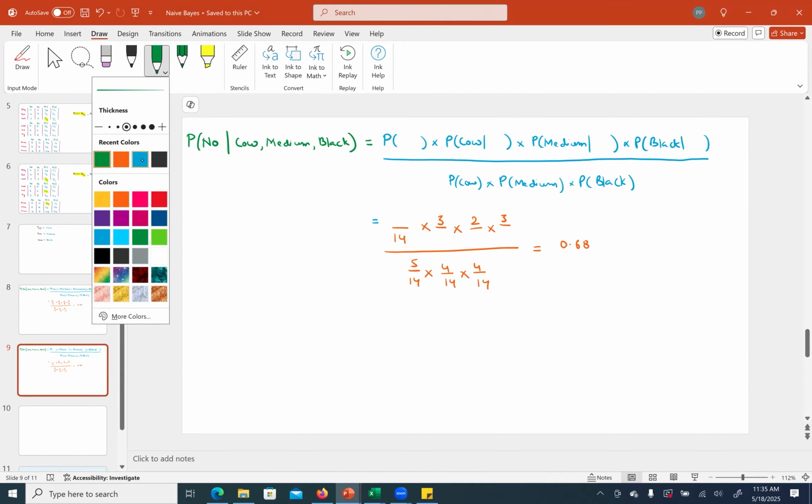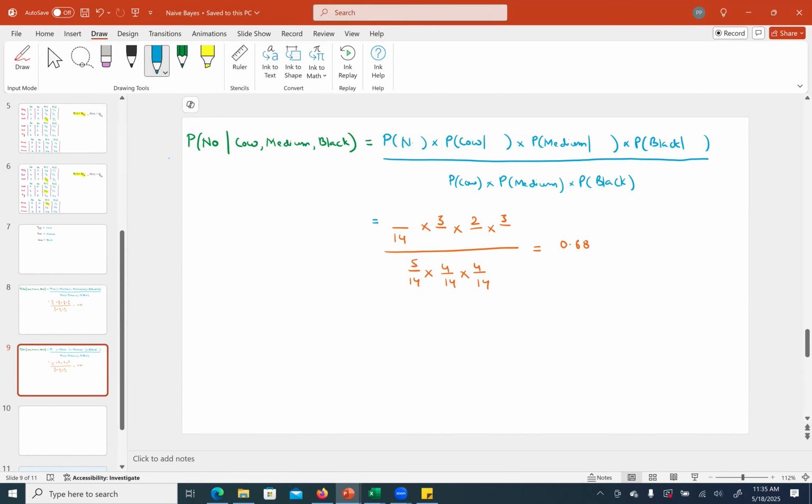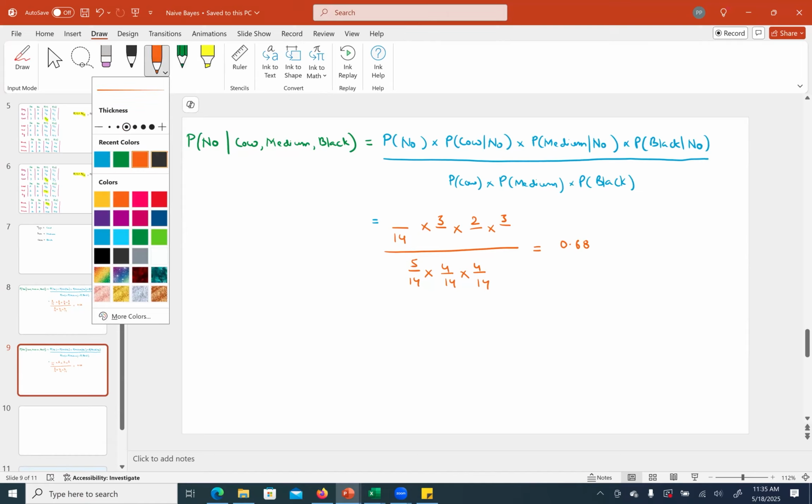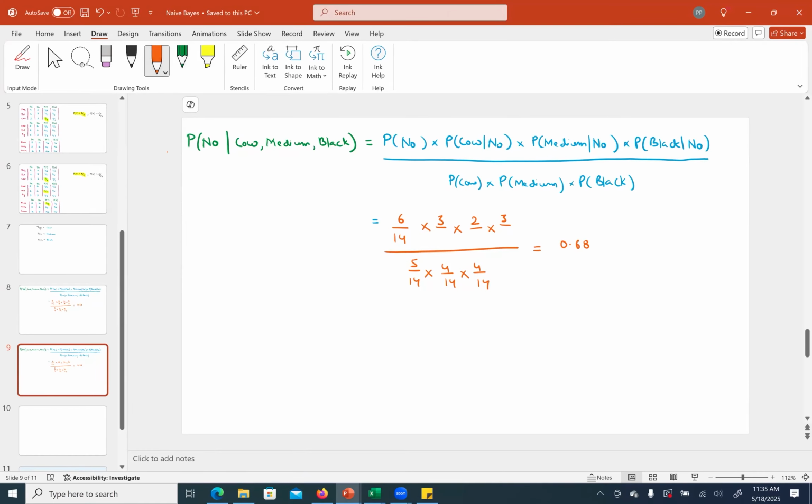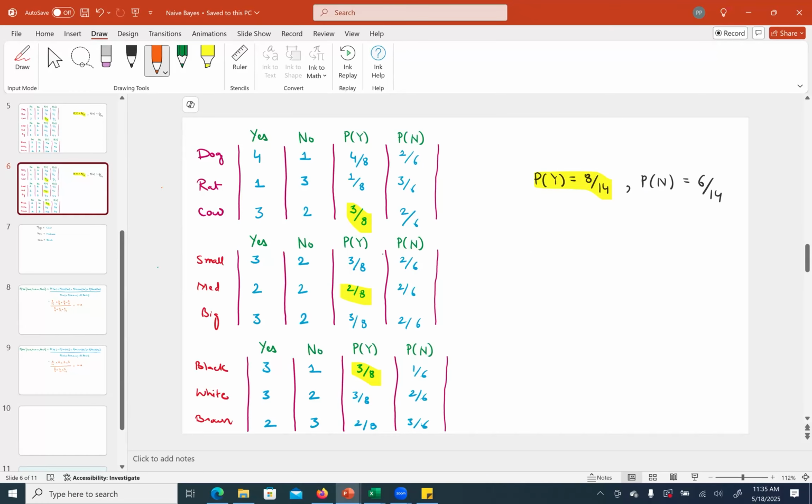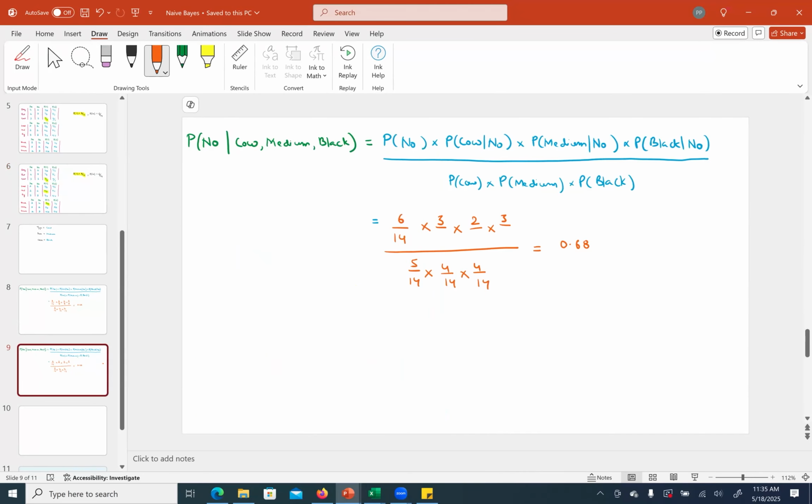So for no, this will now look like 6 by 14. This will be probability of cow given that it is no, so 2 by 6.